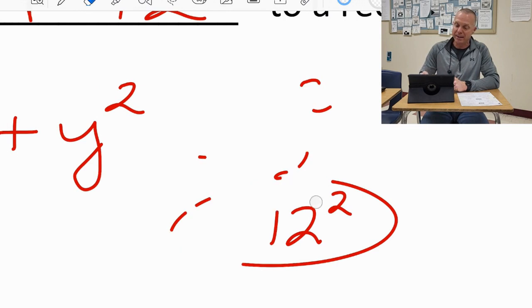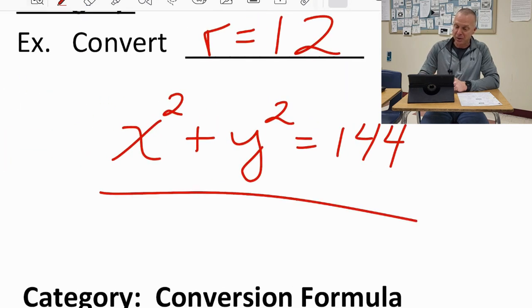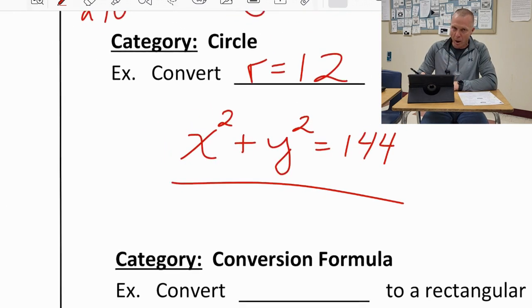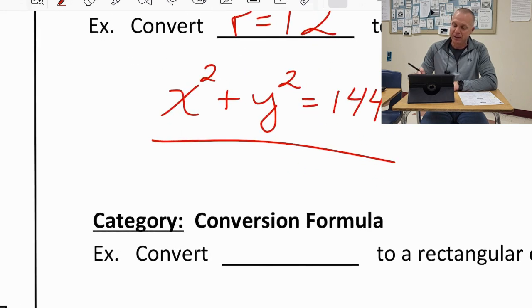And so when I write this answer, I can write 12 squared, but I'd prefer that you simplify it to be its value. And so x squared plus y squared equals 144. That's going to be your converted equation. Just kind of note, there really wasn't any work required there. The only work was to realize that you have to use that formula. And basically, if you plug into it correctly, bingo, you got your equation.